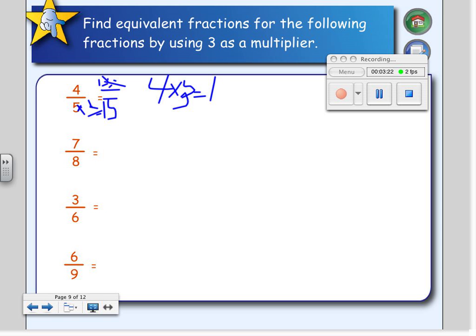12. And then 5 times 3. So my fraction is what, Liam? 12/15. So we can say 4/5 is what? Equal to 12/15.